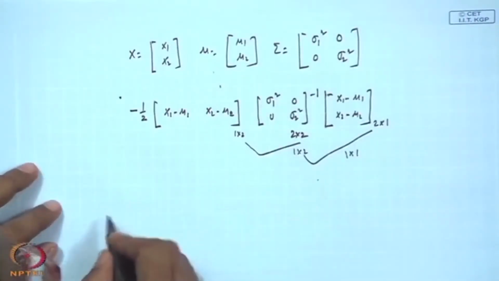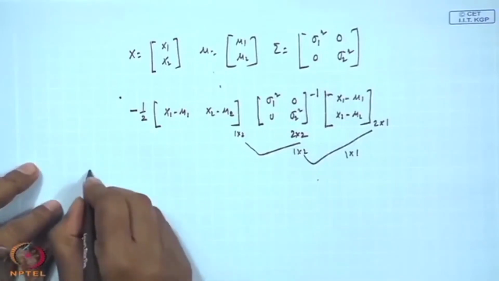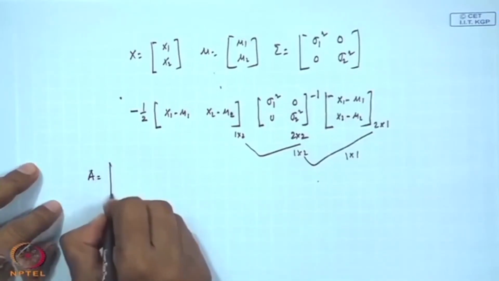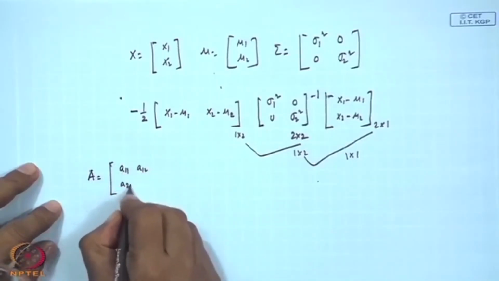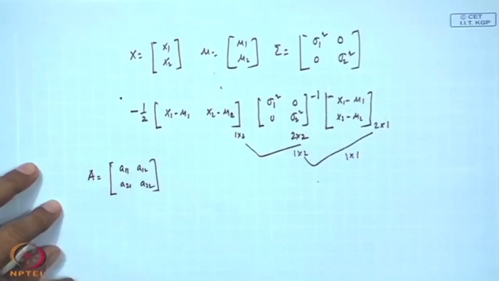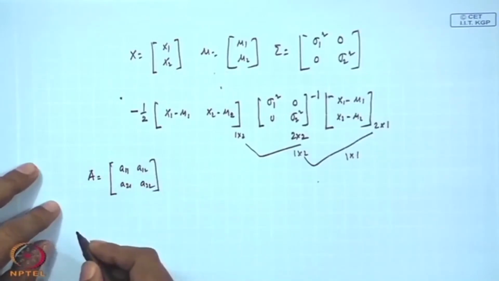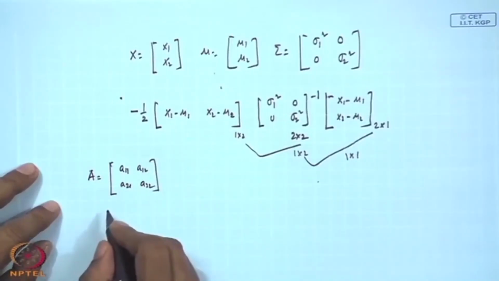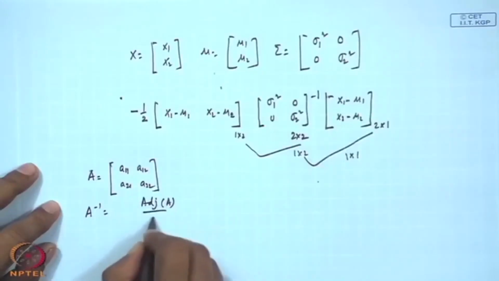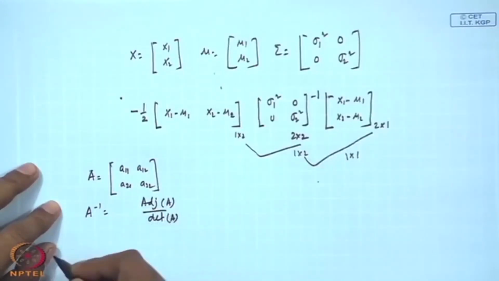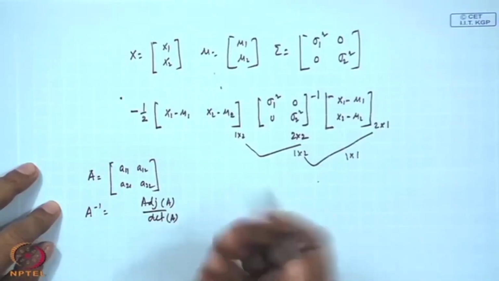How do you calculate the inverse? Suppose A is a matrix A11, A12, A21, A22. How do you compute the inverse? A inverse is the adjoint of A by the determinant of A. The adjoint is the transpose of the cofactors.